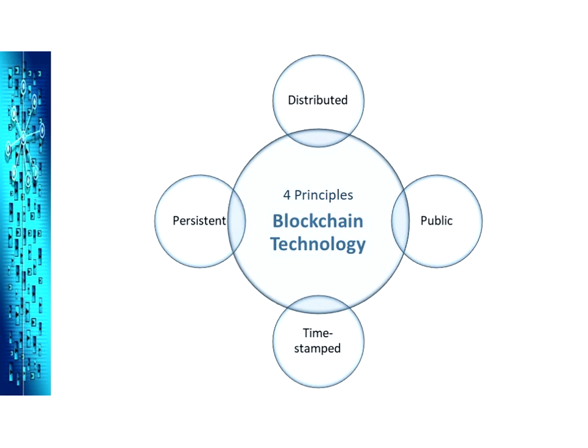The blockchain itself has four principles that you'll hear me talk about quite a bit. It's distributed, it's public, and public means that anyone on the blockchain can see the transactions, anyone on the network. It doesn't mean, though, that you can see who is on the network, you just see the transactions.